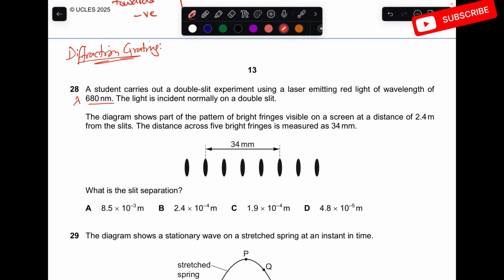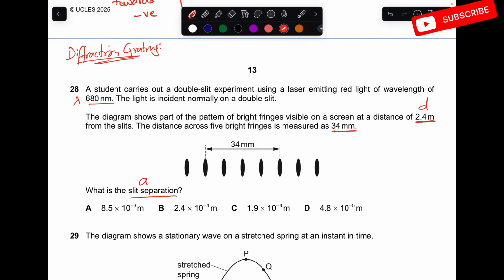The diagram shows part of the pattern of bright fringes visible on the screen at a distance of 2.4, the separation between the slit and the screen. This is D. The distance across five bright fringes is given, that is 34. So what you have to find is the slit separation, which is basically A.